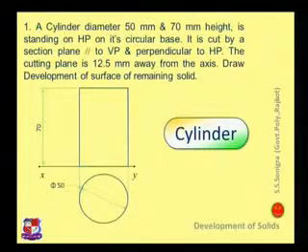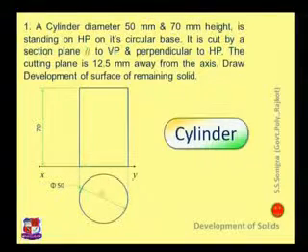Now we have drawn the first line of this problem. A cylinder diameter 50 mm, 70 mm height is standing on HP on its circular base. This we have drawn. Now next, it is cut by a section plane parallel to VP and perpendicular to HP. Now if any plane is parallel to VP and perpendicular to HP, that would appear as a straight line in a top view. So we think about the top view, that is circle over here.